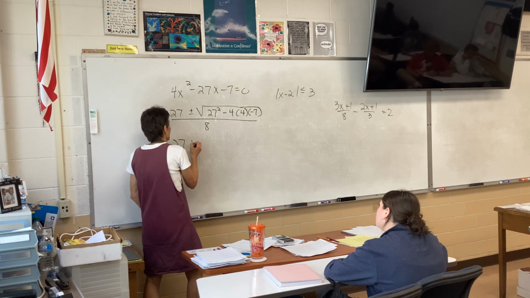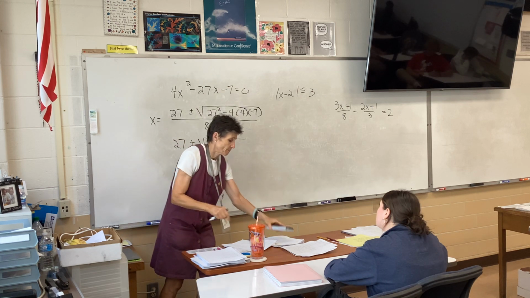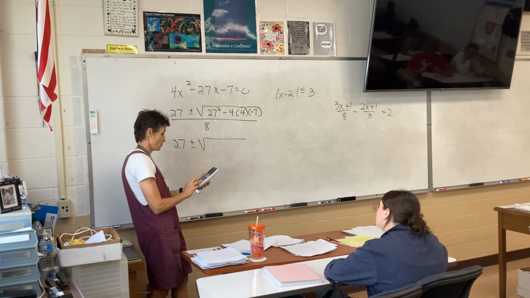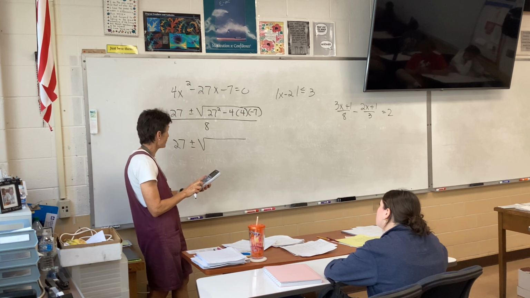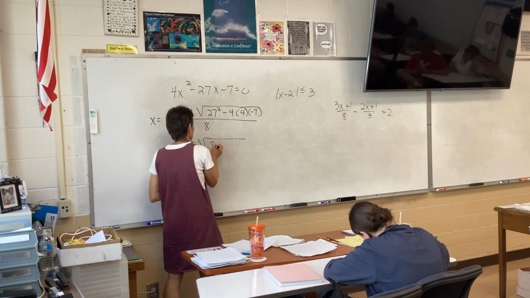27 plus or minus the square root of, I like to do that part first. So 27 squared minus 4 times 4 times negative 7 equals 841 I got.